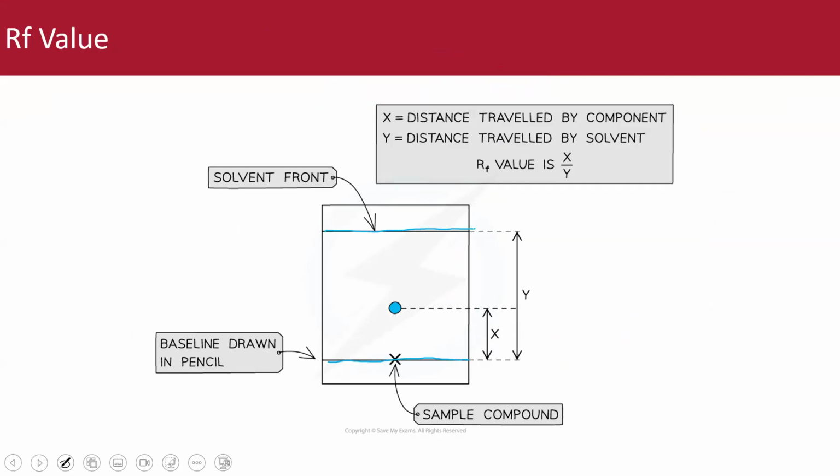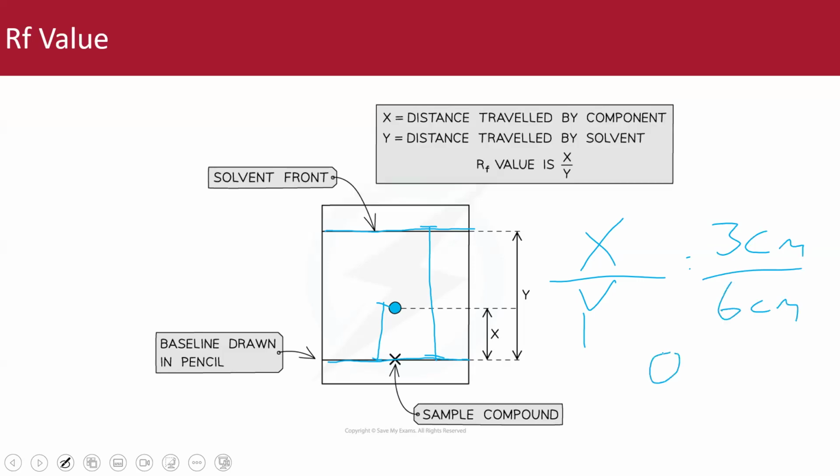Then to work out the RF value, you measure the distance the ink dot has travelled. On here it's called X. And you divide it by the distance the solvent has travelled. On here they're going to call it Y. So if you imagine X on this was 3 centimeters and Y was 6 centimeters, the RF value would be 0.5.